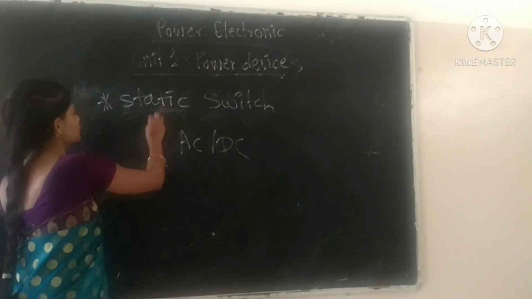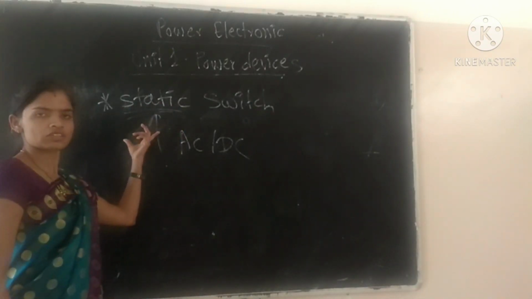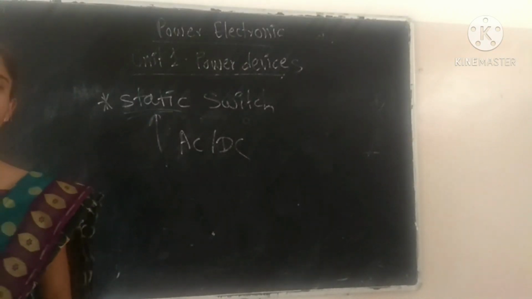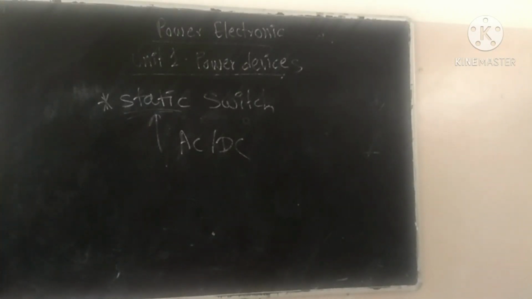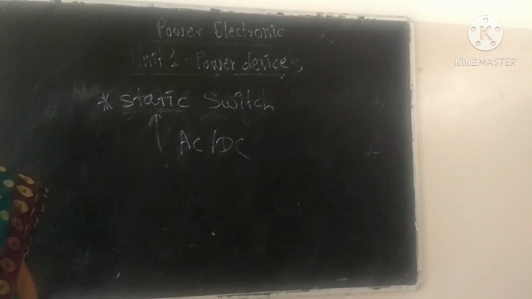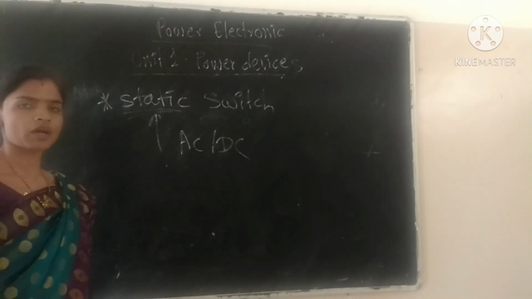Static means stable; this switch does not change, so it is called the static switch. This is the last type of power device. Then we will see in the next lecture, one by one in detail, these types of power devices.